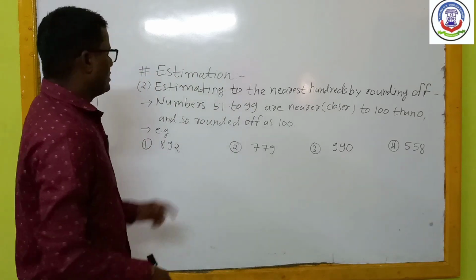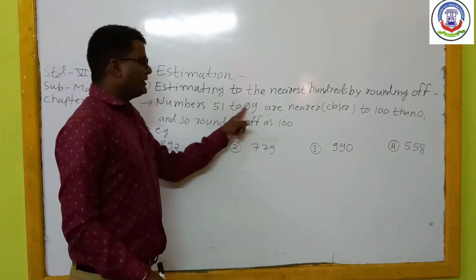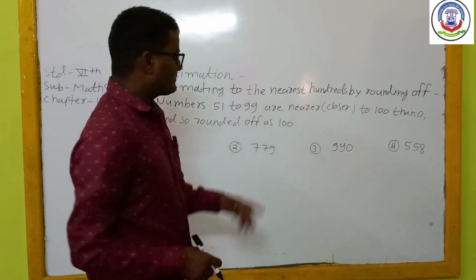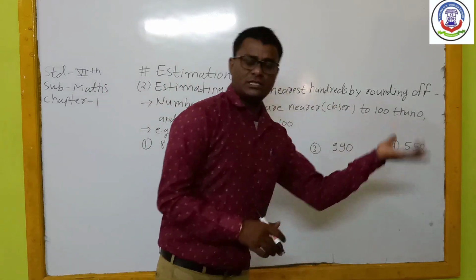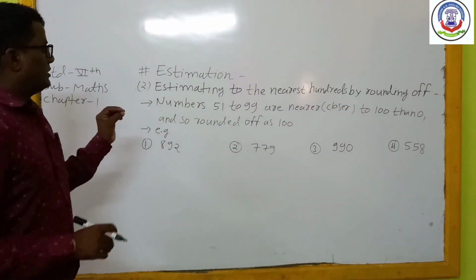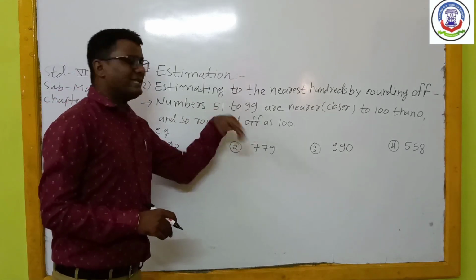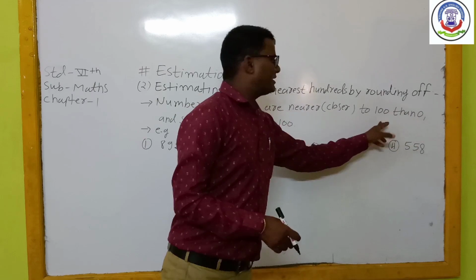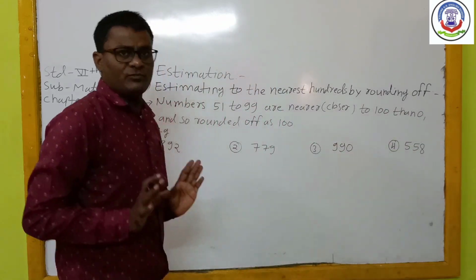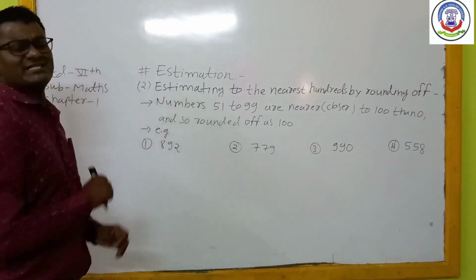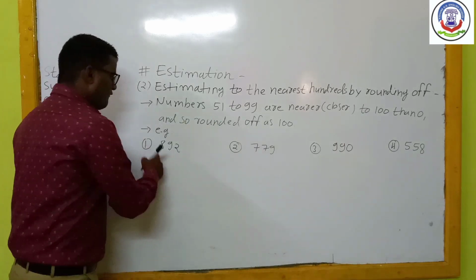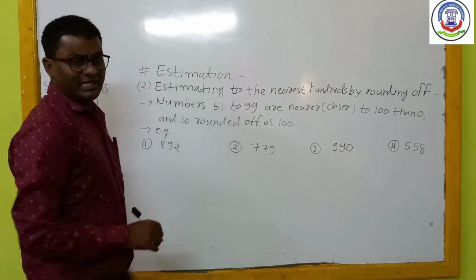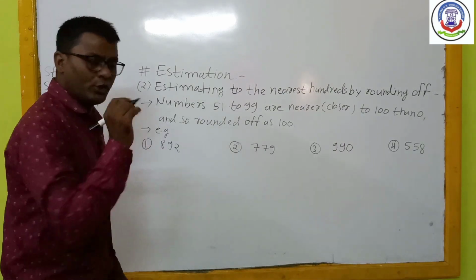Students, you know 51 to 99 numbers are nearer to 100 than 0. यहाँ पर 51 से 99 के जो नंबर हैं वह 0 के कंपैरिजन में 100 के नियर और क्लोजर होते हैं। ठीक, आप सब जानते हैं। Let's see some examples. Here, first example: 892.